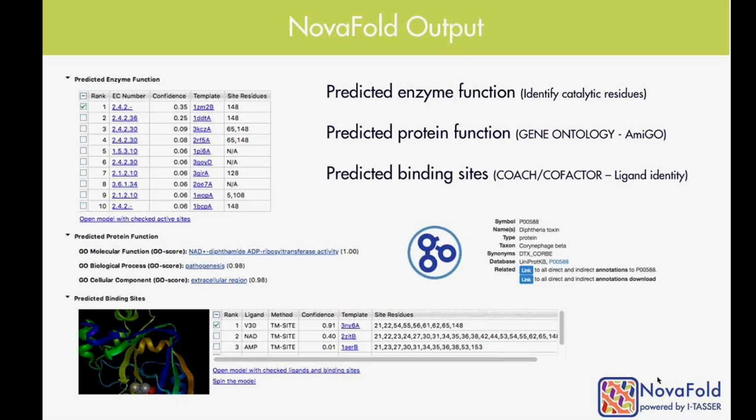It will make that prediction and then give you links to related enzymes. It will actually model small molecules into the predicted active site and make estimations of what residues comprise an active site, and also give you direct links to Amigo and gene ontology and potential function.